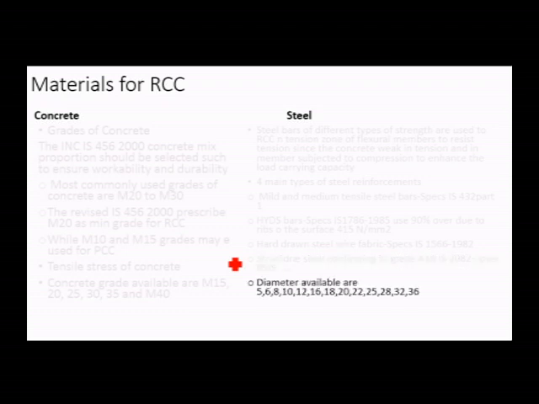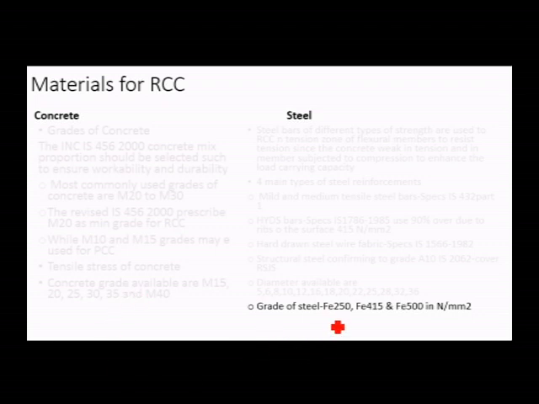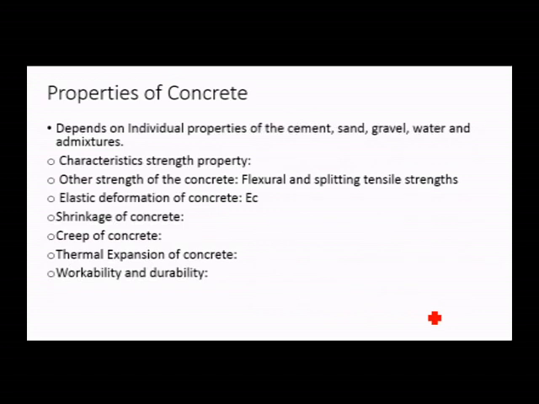Generally, the diameters available are 5, 6, 8, 10, 12, 16, 18, 20, 22, 25, 28, 32 and 36. Among the grades, Fe 250 is outdated. Fe 415 and 500 are generally used, and Fe 500 is used for heavy constructions.